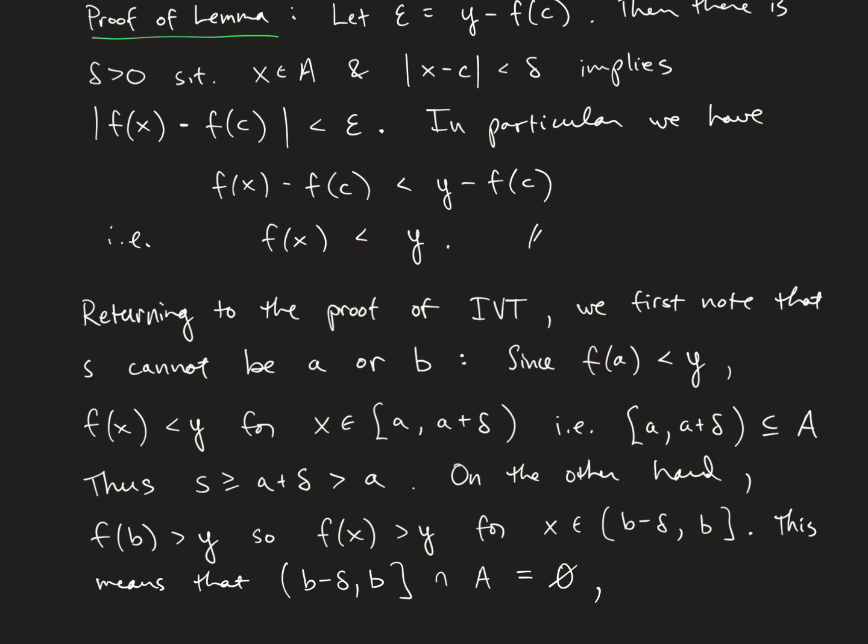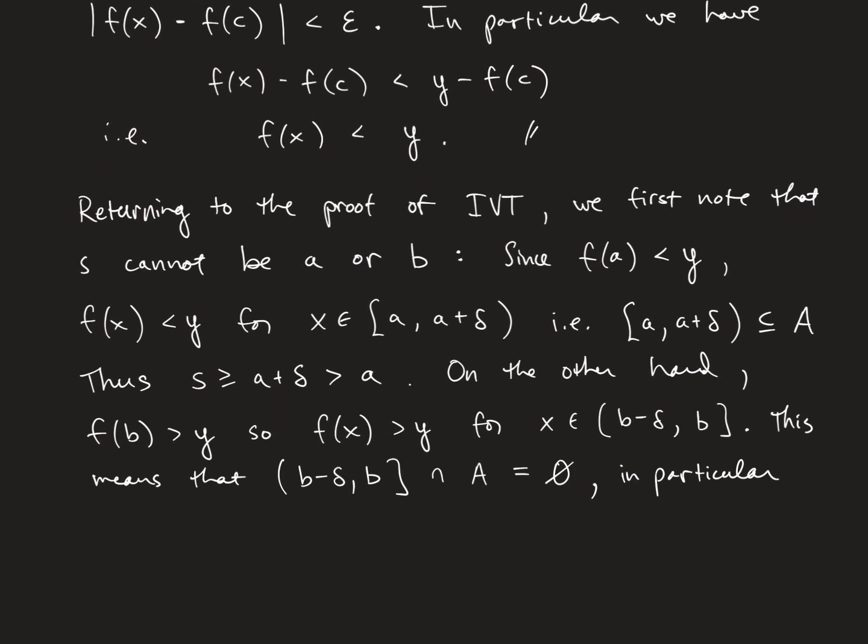And in particular, every element of this interval is an upper bound of A. Right? A is this subset of the interval from a to b, but this subset A, since it doesn't intersect this at all, must lie completely to the left of this little interval.